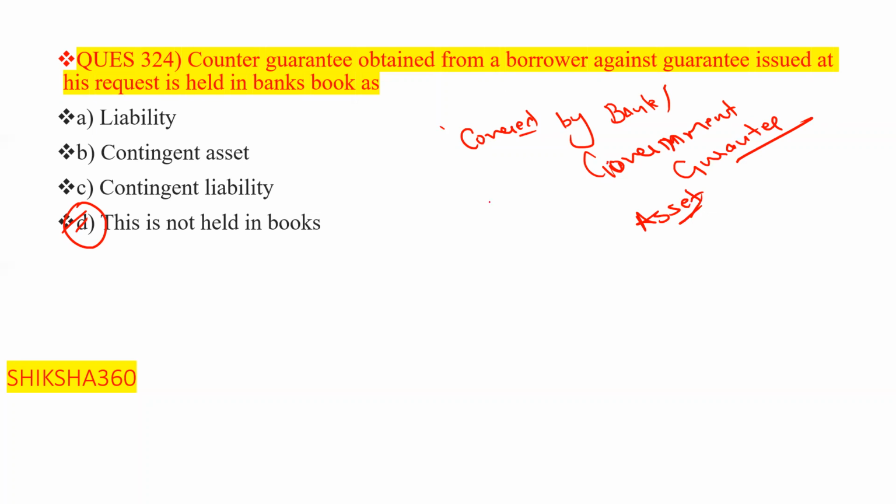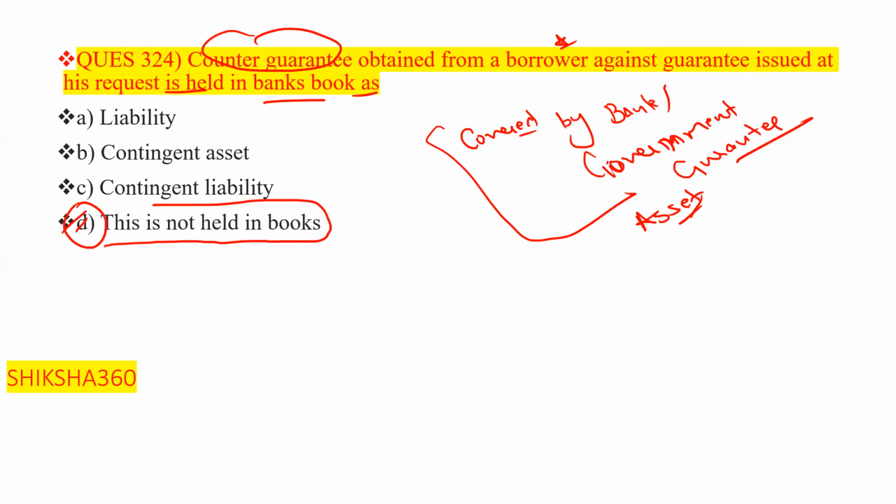In that case, it is to be an asset, if they are specially covered by bank or government guarantees. But a counter guarantee obtained from a borrower against the guarantee issued at his request is not held in the bank's books.